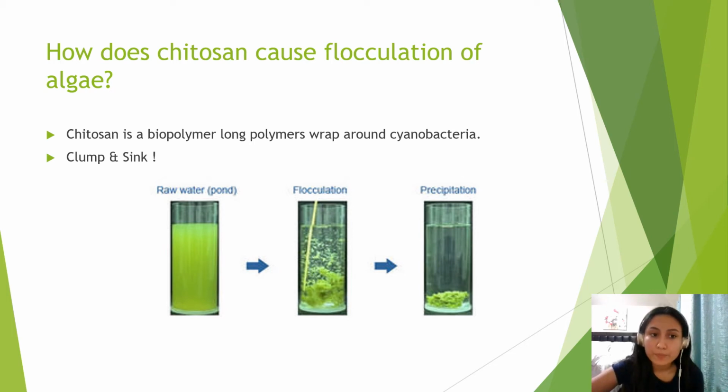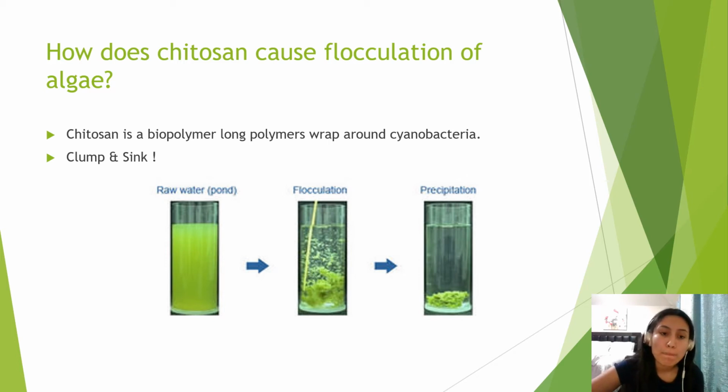In the study, they use chitosan, and chitosan is a biopolymer which is made out of seashells. And these biopolymers have long polymers that wrap around the cyanobacteria and cause them to clump or coagulate and ultimately sink down.